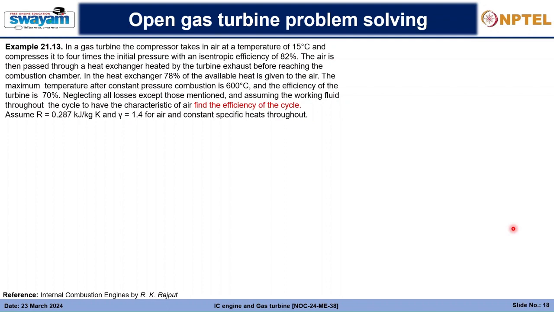In the heat exchanger, 78% of the available heat is given to the air. The maximum temperature after constant pressure combustion is 600 degrees Celsius and the efficiency of turbine is 70%. Neglecting all losses except those mentioned and assuming the working fluid throughout the cycle to have characteristics of air, find the efficiency of the cycle.